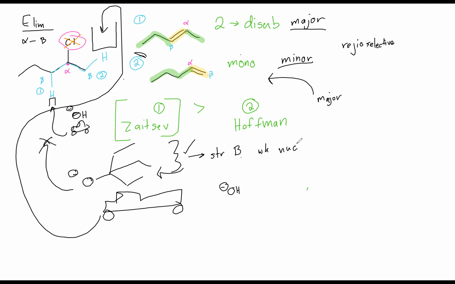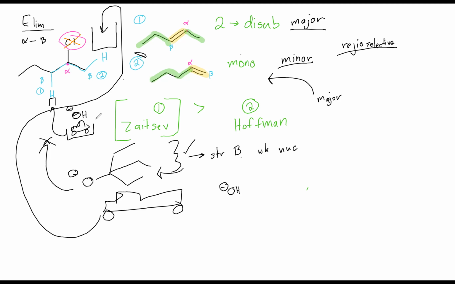And these strong bases, weak nucleophiles, normally will not do SN1 or SN2. All right. So when I said regioselective, I was saying these bases determine what region the double bond will be added to. So these bases cause the elimination product to be regioselective.